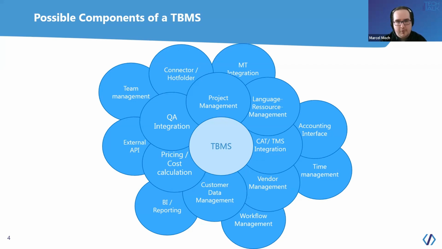So the more components you want in a TBMS, the more complex it gets, and the more people are also involved. As LSPs know, you usually have a team of project managers, linguists, an IT department, QA departments, and vendor management.